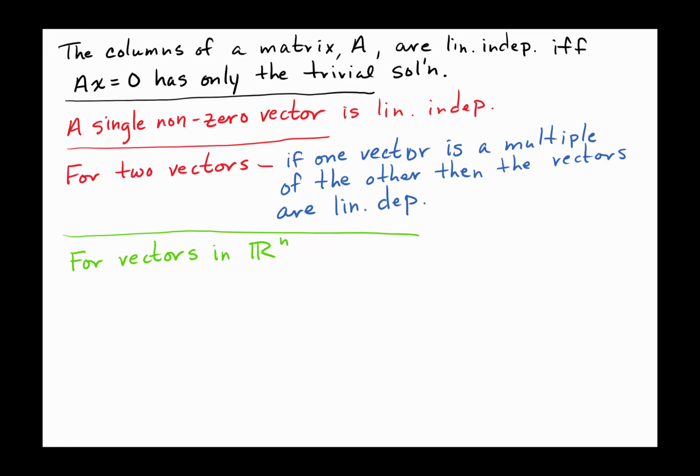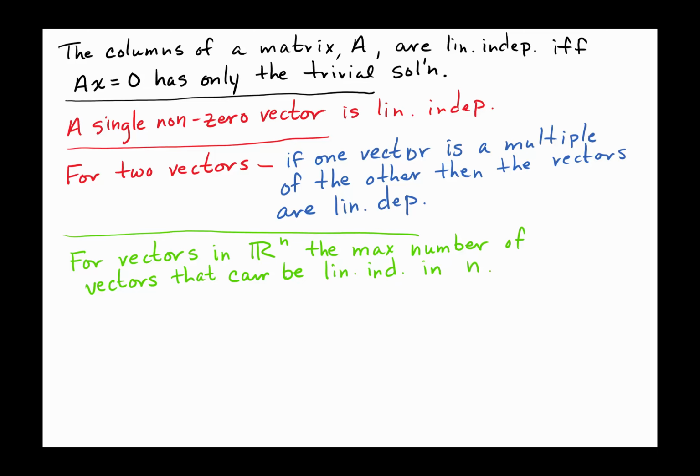For vectors in R3, the maximum number of vectors that can be linearly independent is n.